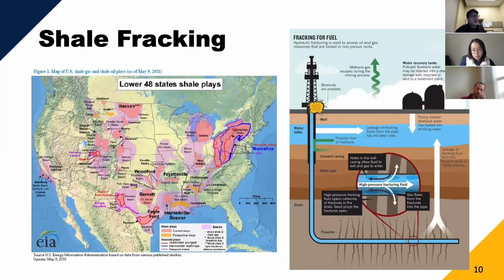I haven't followed up in recent years, so I don't know if they figured out a way to dispose of it. But last I was looking into this, a lot of those wastewater reserves just sit around and they don't have anything to do with them.